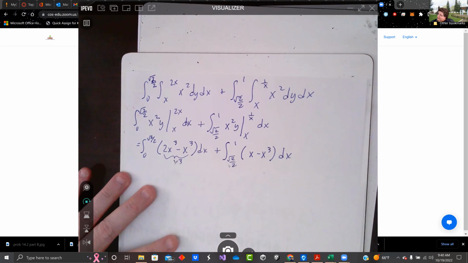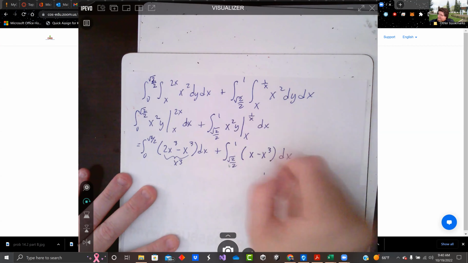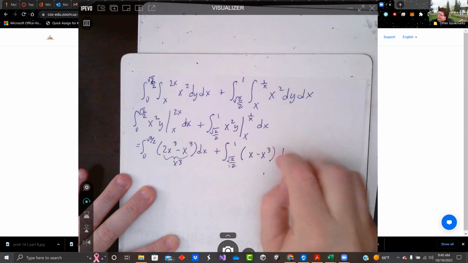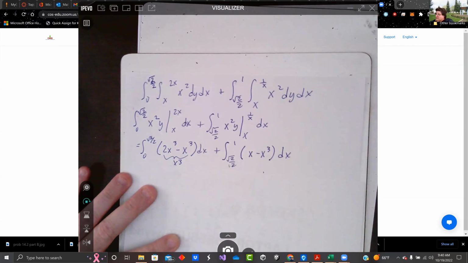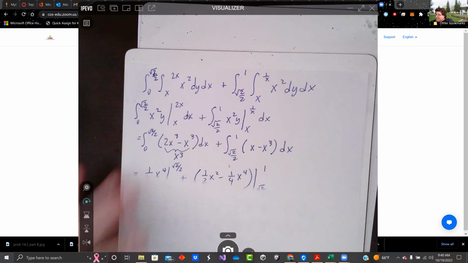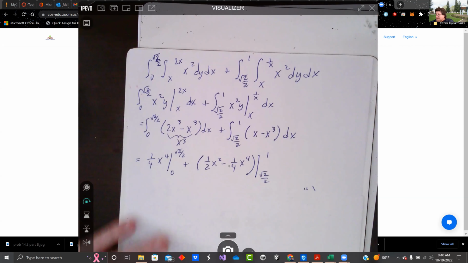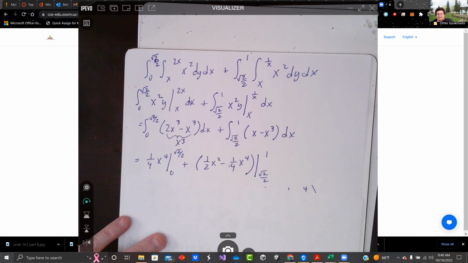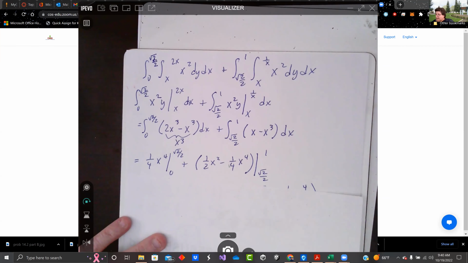On the other one, x squared times 1/x is x, and then x squared times x is x cubed. So there's our function. I combine these real quick. When we integrate that, we get 1/4 x to the 4th from 0 to √2/2. And then we get 1/2 x squared minus 1/4 x to the 4th from √2/2 to 1.